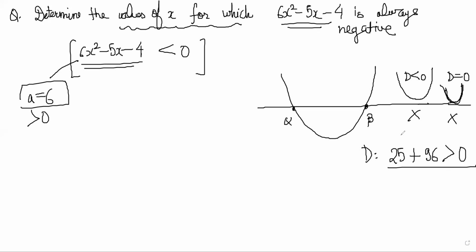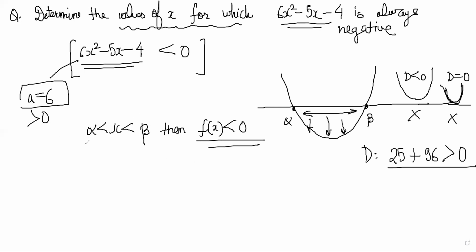Now, if the graph of my function is like this, then I clearly know that my x values in between the two roots will give negative values of the parabola, right? So if my x is between alpha is less than x is less than beta, then f of x is less than 0, right? So this is my answer.